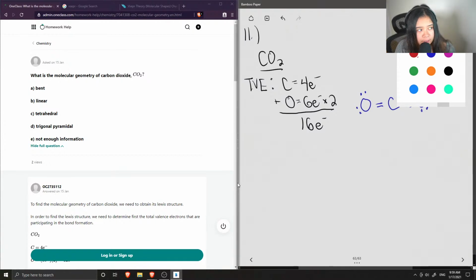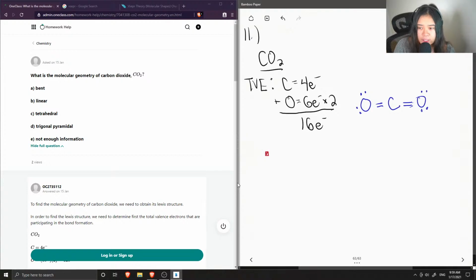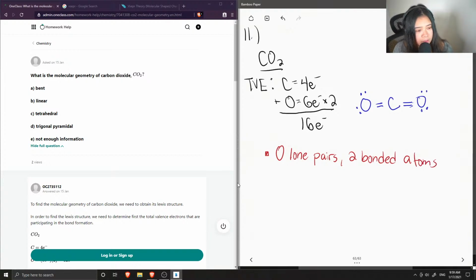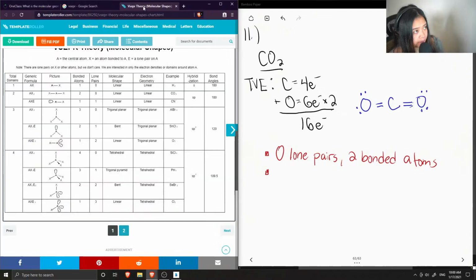So now let's analyze it to find out its molecular geometry. For this structure, we base the molecular geometry on the central atom, which is carbon. Carbon contains 0 lone pairs, and there are also 2 bonded atoms. So we need to use our VSEPR table to figure out its molecular geometry.